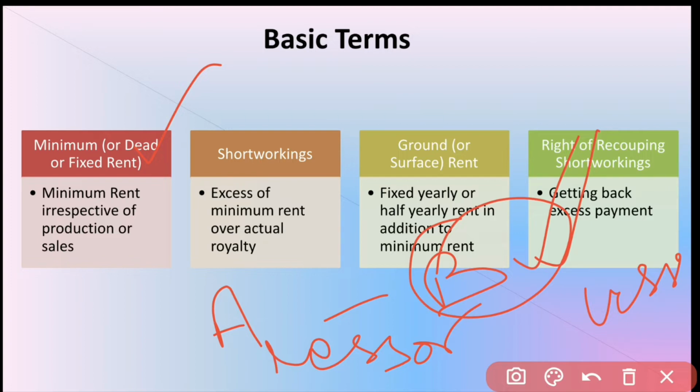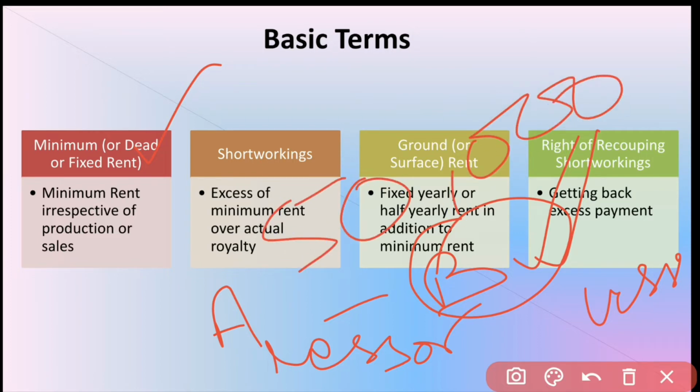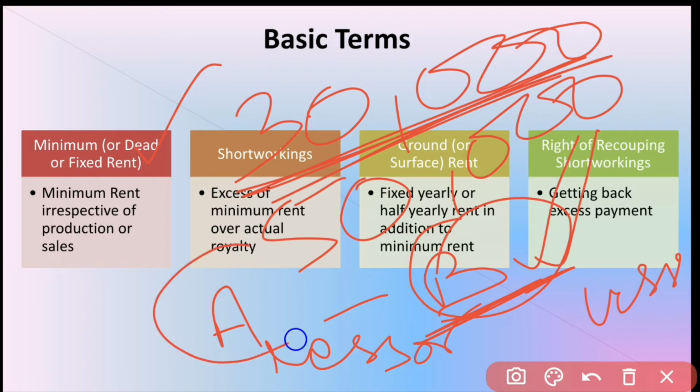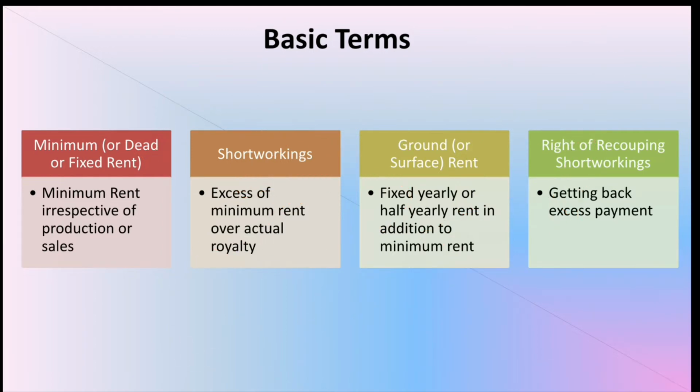Say A and B have fixed the royalty amount at 50,000, but there is a clause of minimum rent, say 30,000, which is supposed to be paid. So whether B earns sufficient profits or not, he is supposed to pay the 30,000, that is the minimum rent, to A.